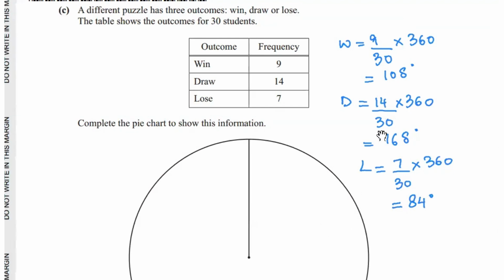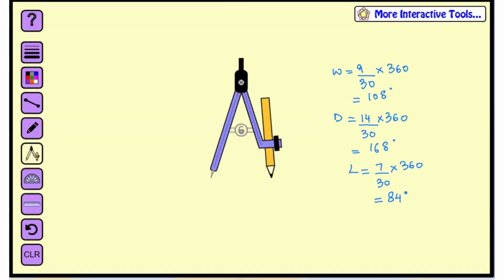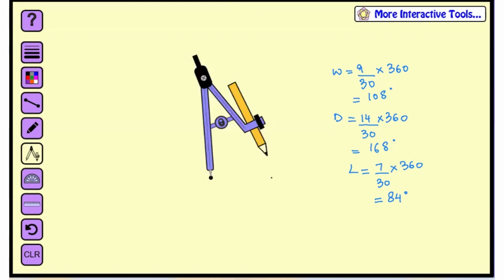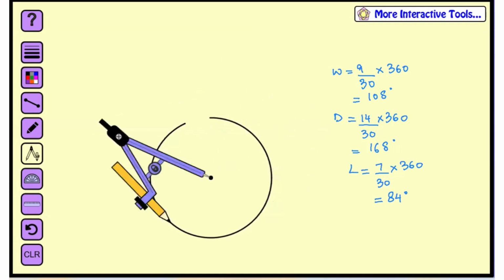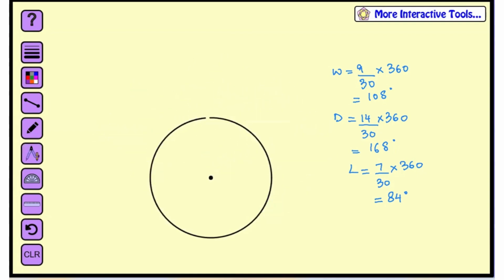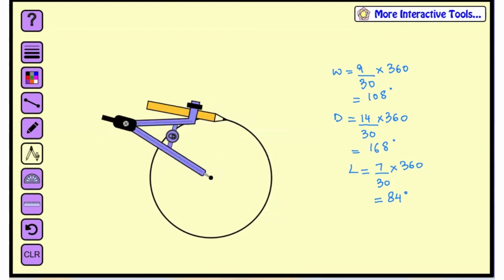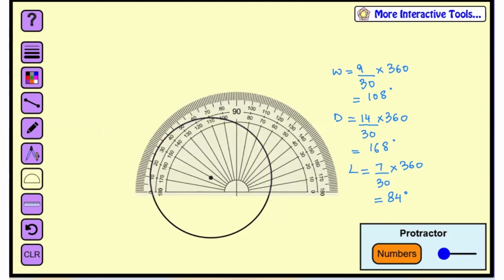So now we have to draw these angles on the pie chart below. What we'll do first is draw a circle. Let's say this is our circle. So now we'll use our protractor and ruler to draw these angles.